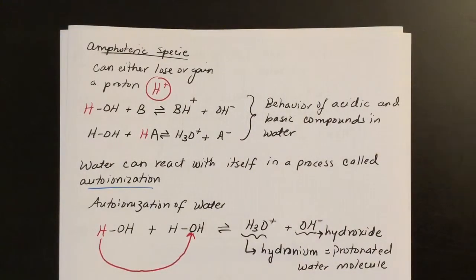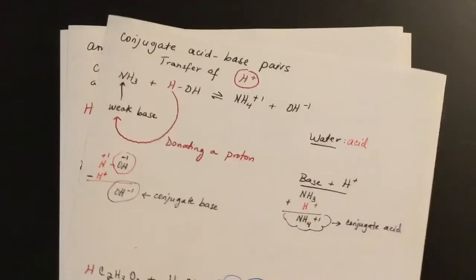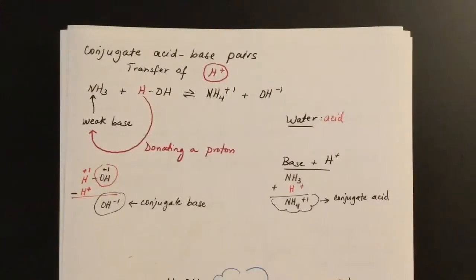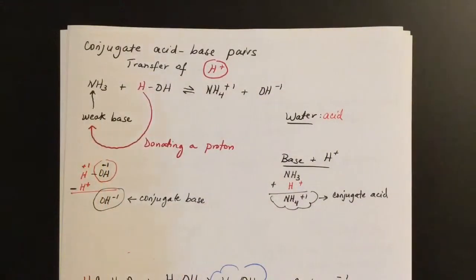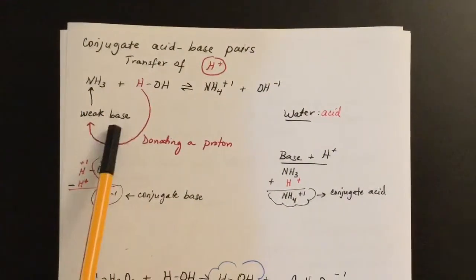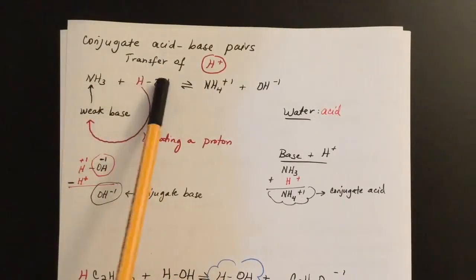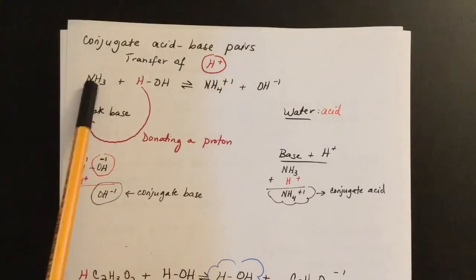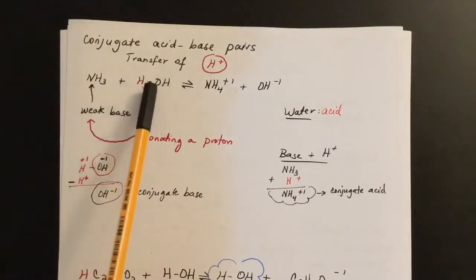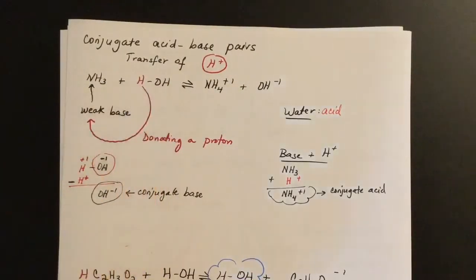So I have here your two examples, the previous two. The first one, your water molecule was mixed with ammonia, NH3. That one is a weak base, which means that if you have an amphoteric substance like water mixed with a base, your amphoteric substance will be acting as the acid.